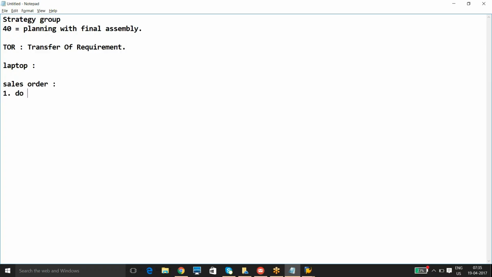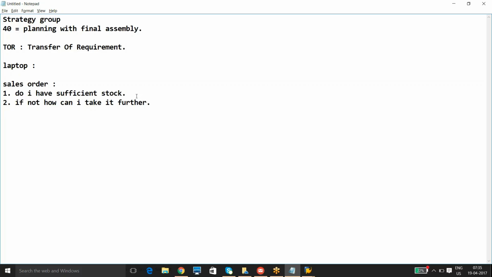The first one is, do I have sufficient stock? The second is, if not, how can I take it further? These are the two important responsibilities I expect when the sales order has come.